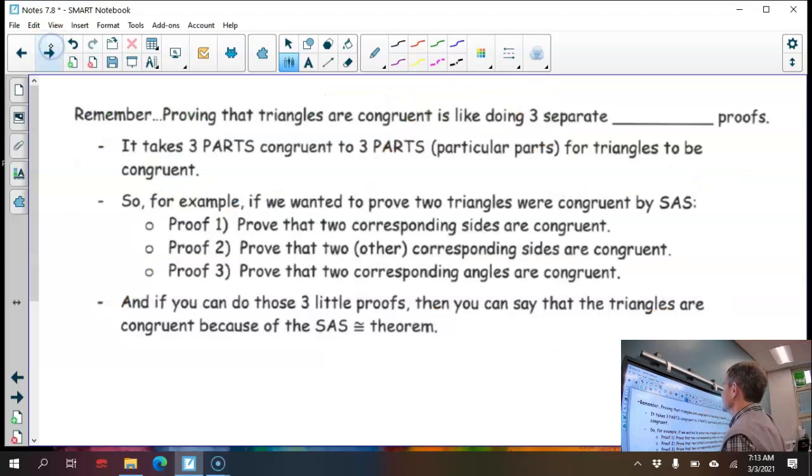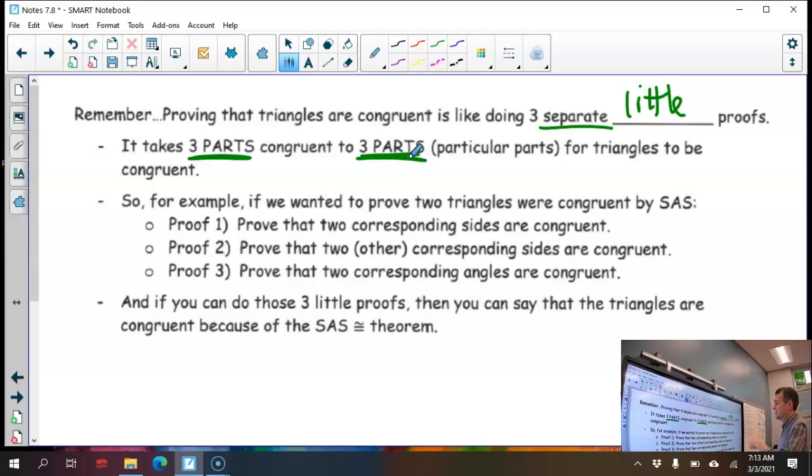All right, now I have one more thing here. Remember, proving that triangles are congruent is like doing three separate little proofs, like the ones we did on the front. It takes three parts congruent to three parts, particular parts, as long as you get the right ones, for triangles to be congruent.